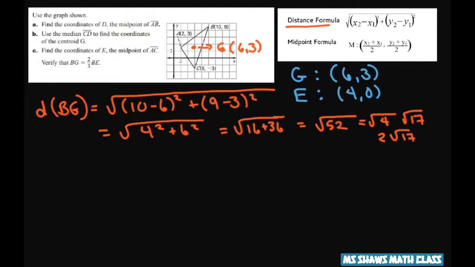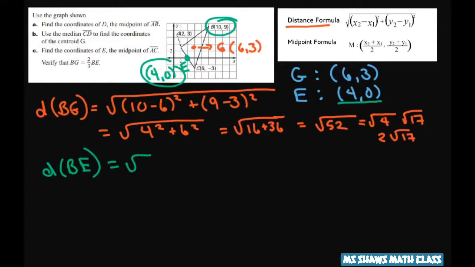Now let's do the distance of BE. So E was right here, and there's your point. So I'll write it here, 4, 0. So we're using these two coordinates for BE.